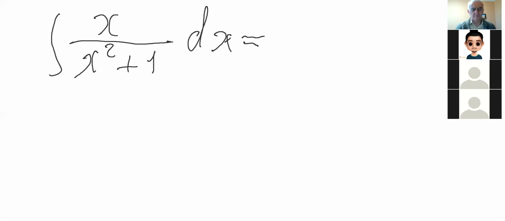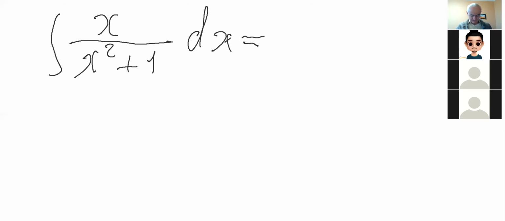Here we multiply x by dx. I think the good thing here is that the power of the x in the numerator is less than the power of the x in the denominator, less by 1.